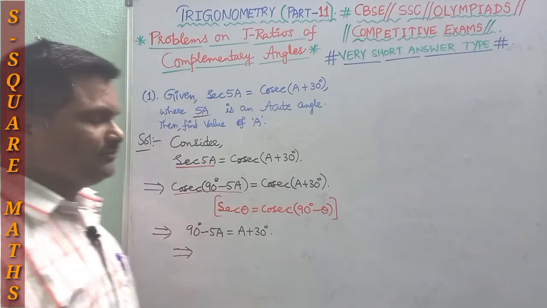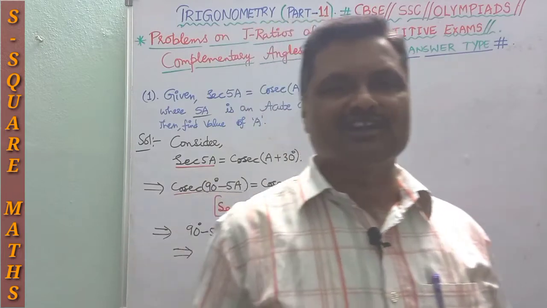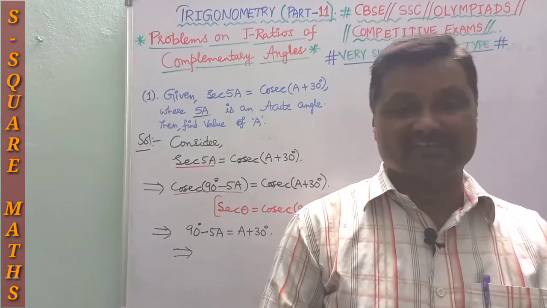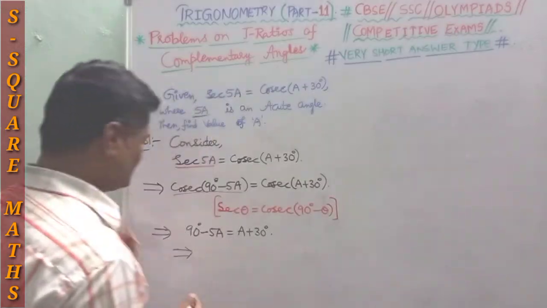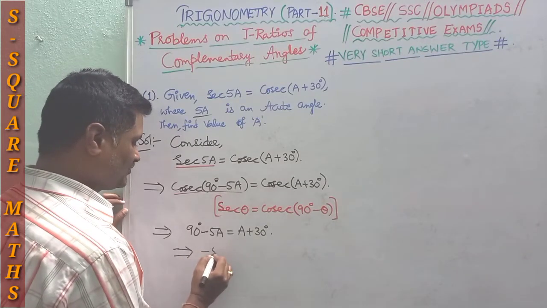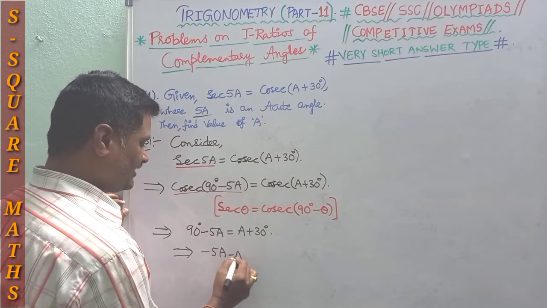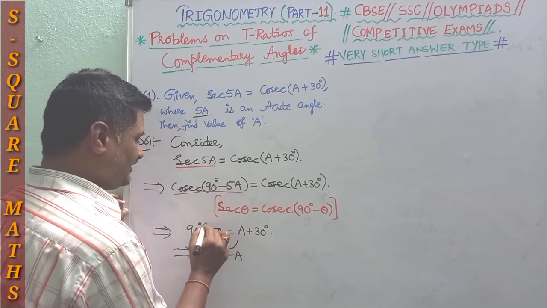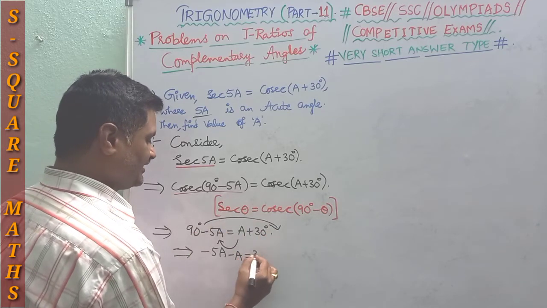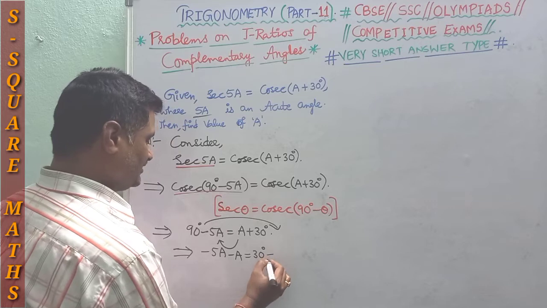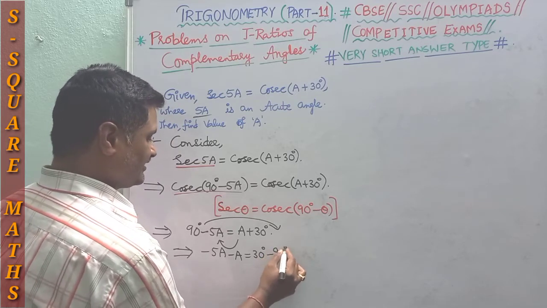Okay, so this is a linear equation in one variable where our variable is nothing but a. Shifting all the terms, so minus 5a minus a. Next, 90 to this side, 30 degrees minus 90 degrees.